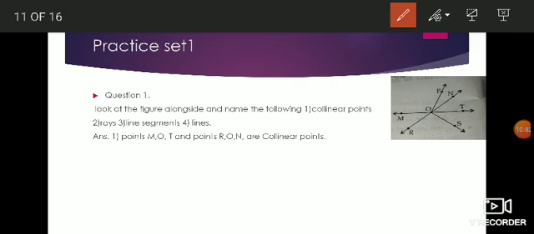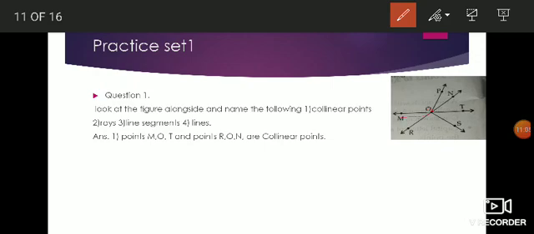Rays. What is the definition of a ray? A part of a line which starts at one point and extends indefinitely in the other direction is called a ray. So see here in this figure, point O is the origin, and it is the one starting point.